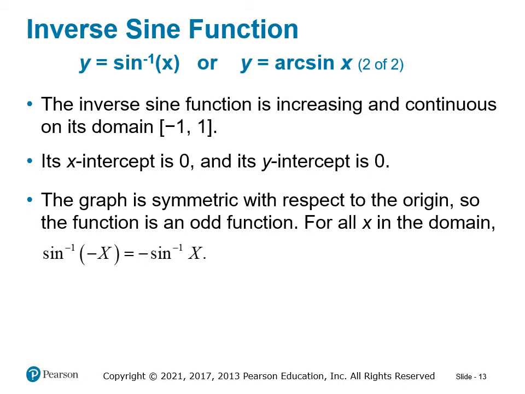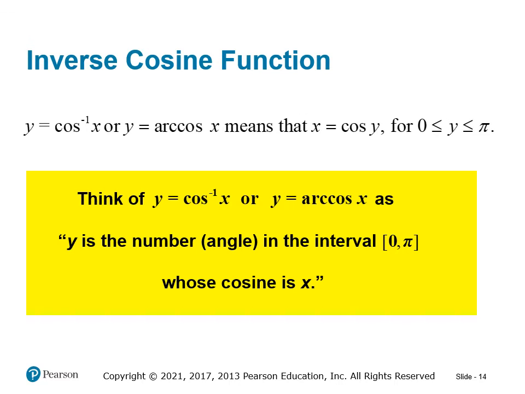It's symmetric with respect to the origin, which means that it's an odd function and that the inverse sine of a negative angle is equal to the negative inverse sine of that same angle. Okay. By the way, I'm not so hung up on all that data, etc. But the calculations, the problems are very key.